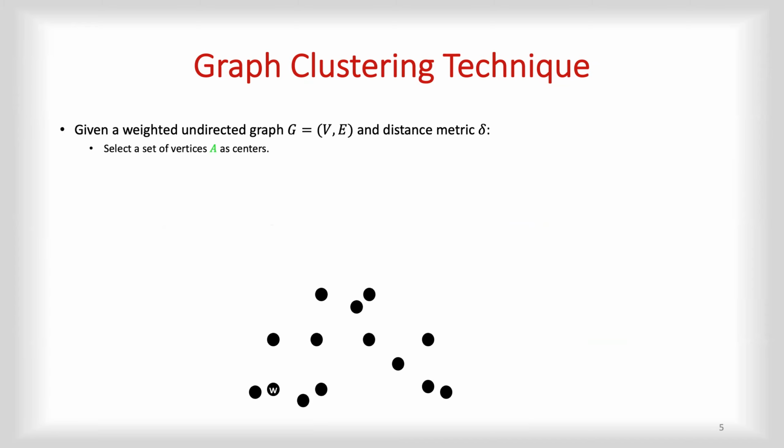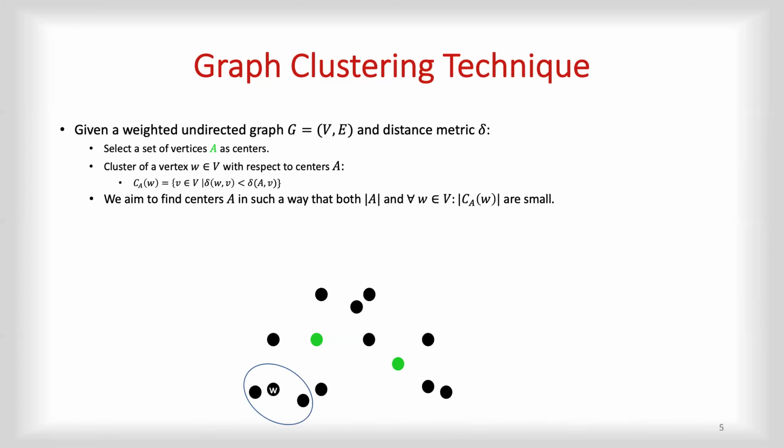Given a set of centers A, represented in green, we define the cluster of a vertex W with respect to this set of centers as the set of nodes that are closer to W than to any of the centers. Looking at this geometrically, using the Euclidean distance for the purpose of illustration, the cluster of W would be just these two nodes.